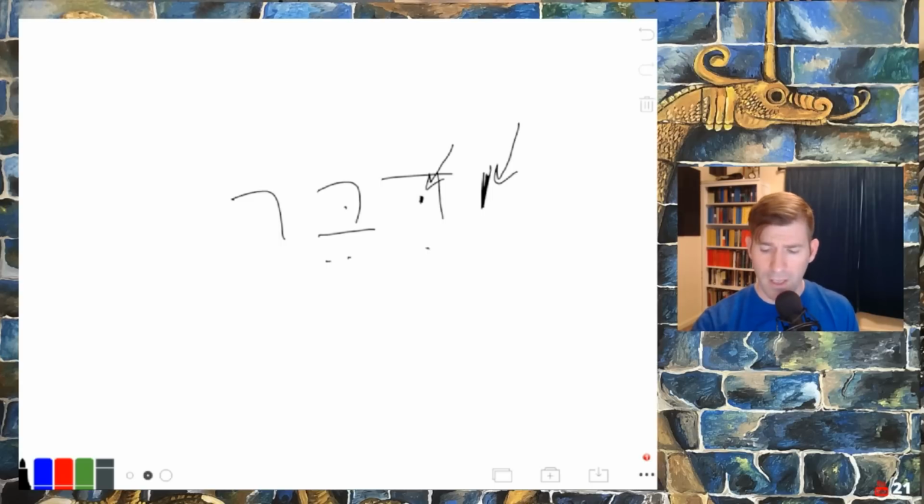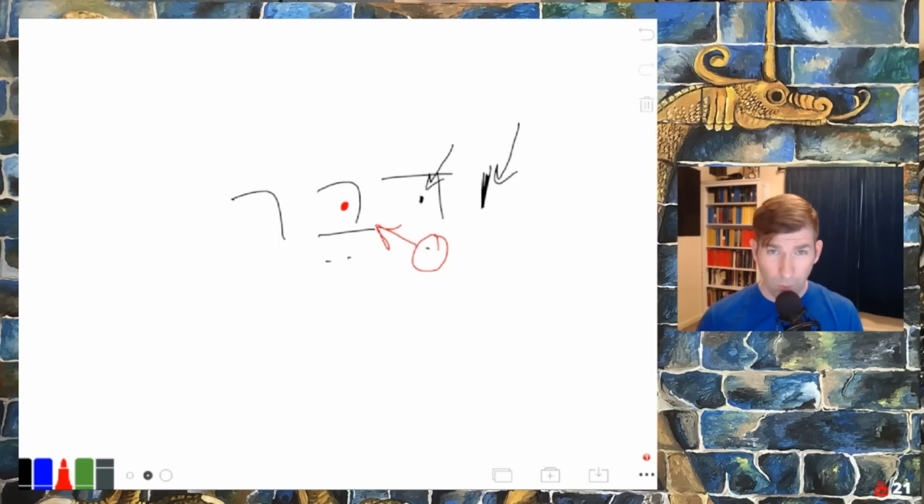Easy enough. But wait a second, you might say. Isn't this a vowel sound coming directly before this bet? Yup. That will tell you that this dagesh cannot be dagesh lene, right? It has to be the other kind of dagesh, dagesh forte.